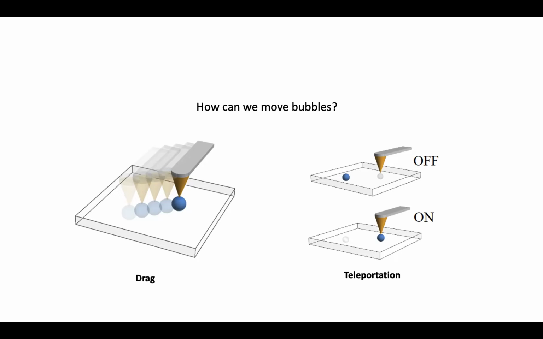One possibility is drag, which can be accomplished with a PFM tip. And the second possibility, which is under question for now: can we have a single bubble state like this, then apply a local electric field somewhere far away, and have this bubble erased, whereas a new bubble will be created under the tip.